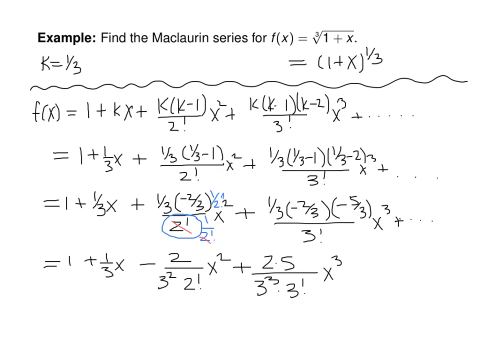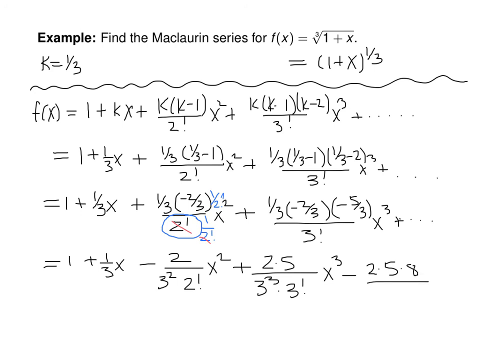It's occasionally better to keep things not multiplied so you can see the patterns that are going on, because based on these patterns you can probably surmise what the next term is going to be. Ignoring these first 2 terms, everything's going to be alternating, so my next term is going to be negative. We'll still have 2 times 5, and it looks like these numbers are 3 spaces apart, so the next number should be 8.